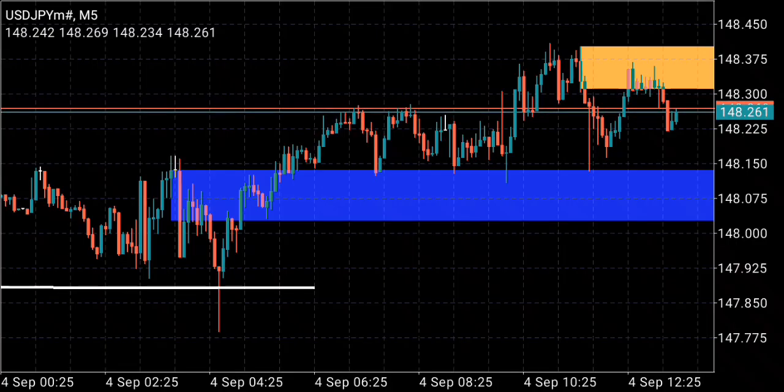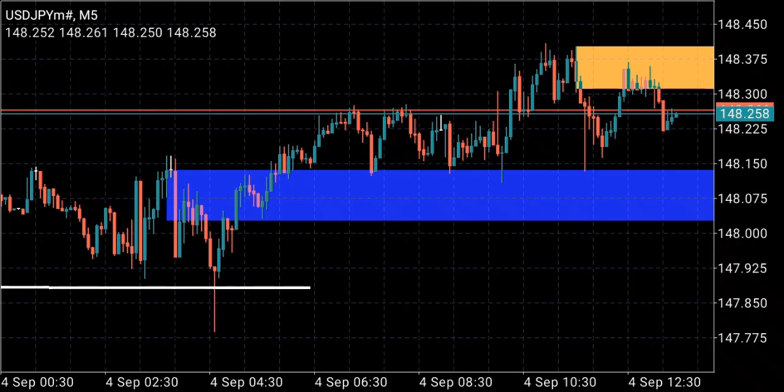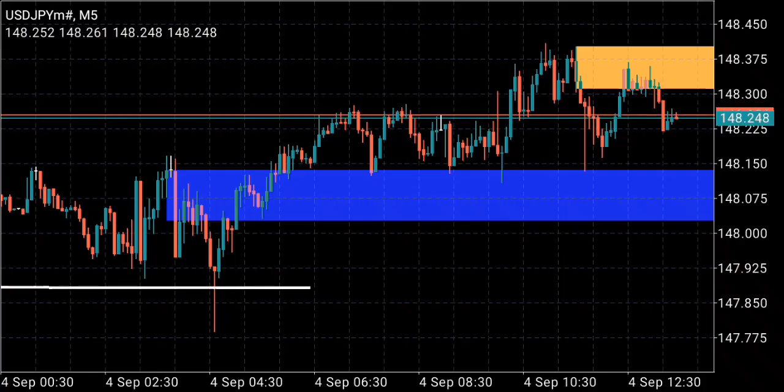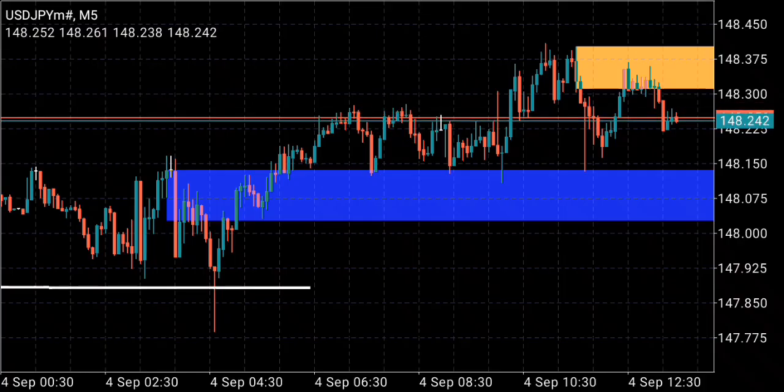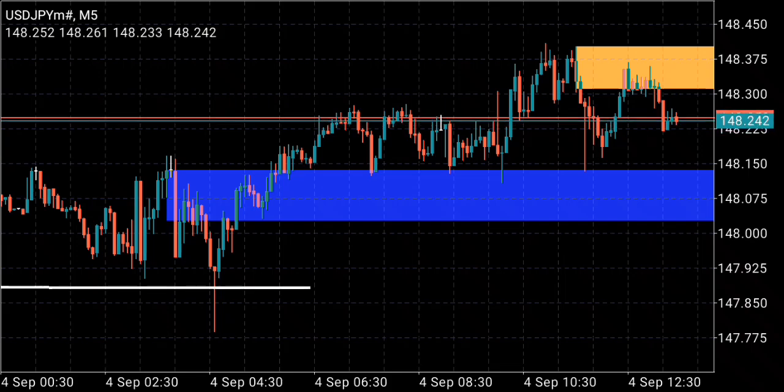So if you look at the far left, there's a solid white line, and that white line denotes that price swept below the previous day's low.